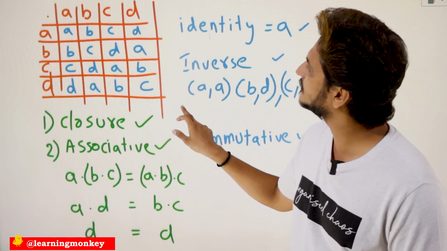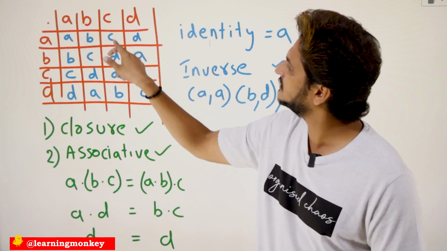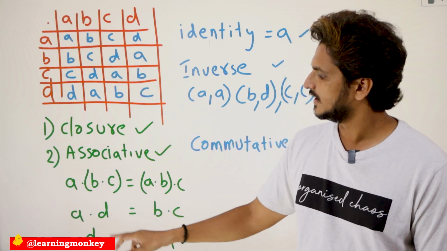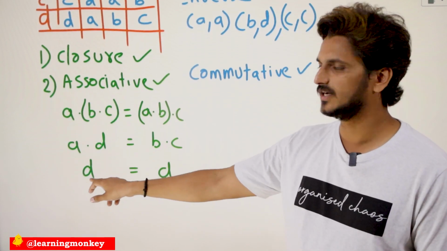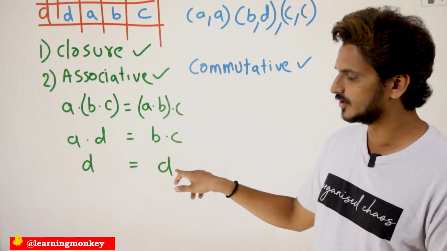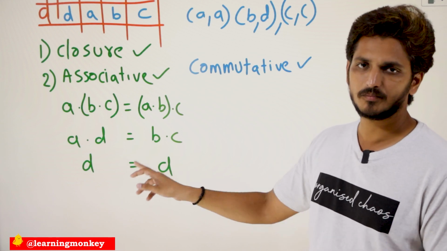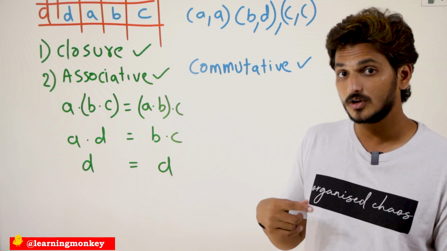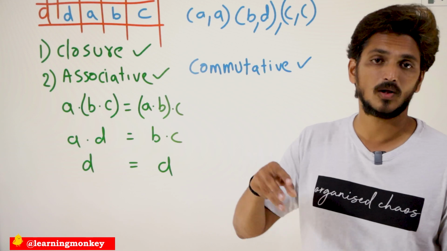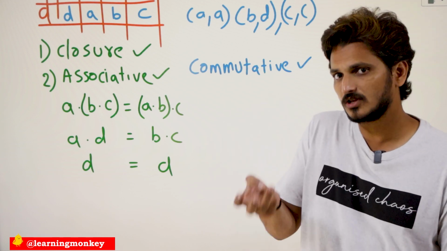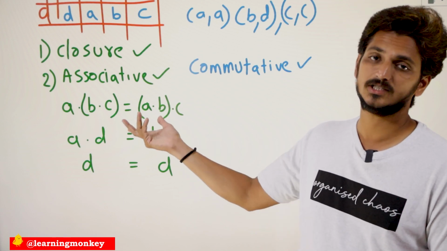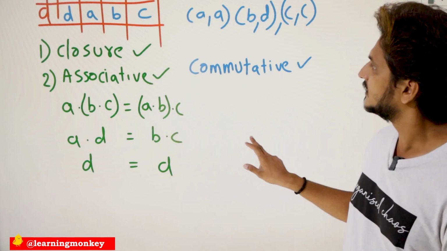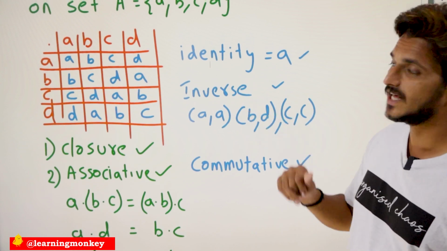B dot C is D. A dot D, so the output here is D. Similarly, you do this, you are going to get D. Both are the same. Like this, you are going to get the associative property for all 3 values. You take any 3 values from the set A, B, C, D, it is satisfying the associative property.